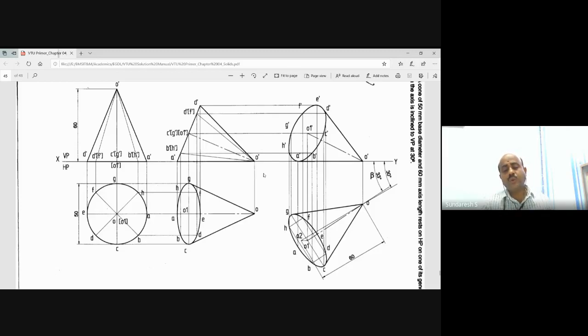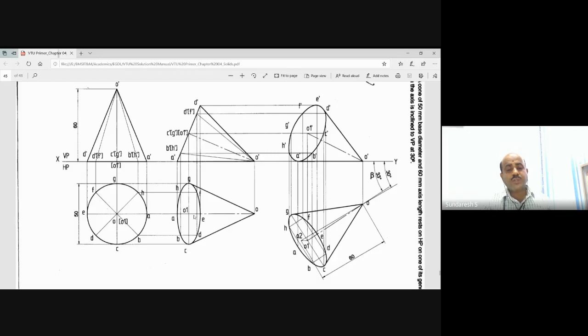Now what we have to do is move to the third position, where he says the axis is inclined to VP at 30 degrees. So what happens here is, when the cone is tilted such that one of its end generators is resting on the XY line or on HP, the axis, look here, O dash and O1 dash, is also inclined to HP, and when you are observing from the top, the length of the axis will be reduced, or diminished.